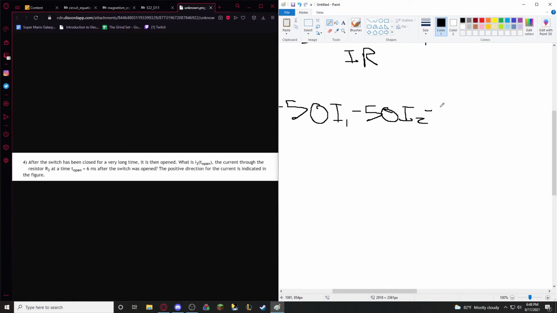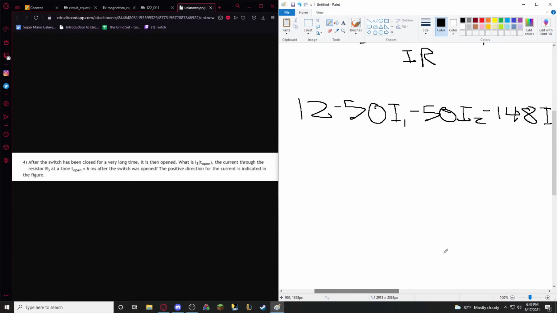So minus 148 I1 is equal to 0. And then we could combine these two: 50 plus 148 is 198, right? Yeah. So minus 198 I1 minus 50 I2 is equal to 0.